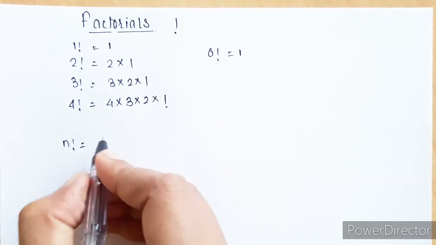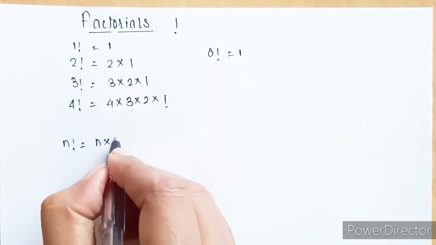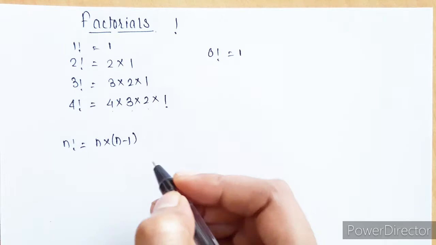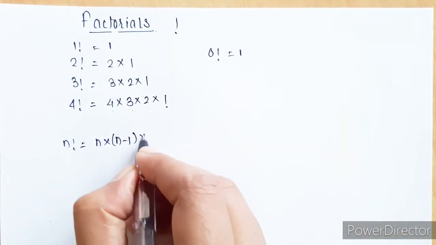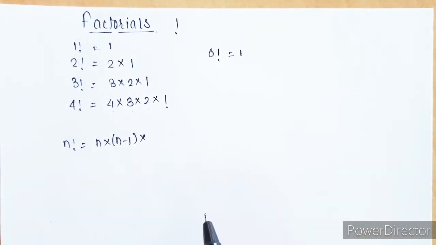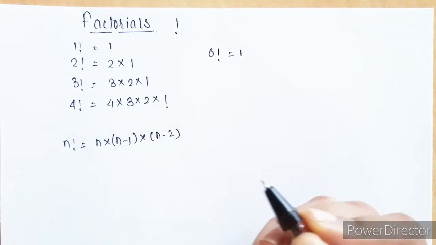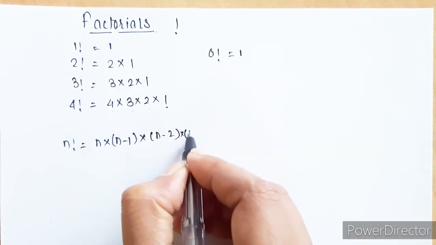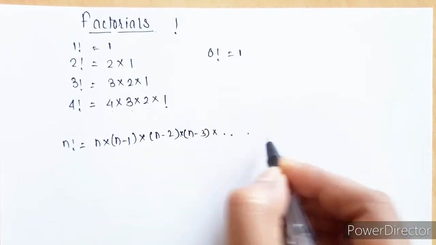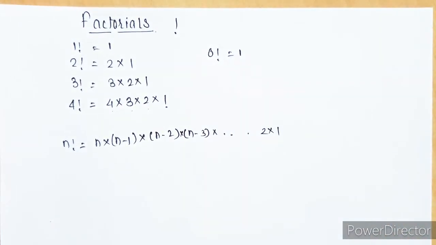So what will be n factorial? It is nothing but n into n minus 1 into n minus 2, then n minus 3, till we get 1.